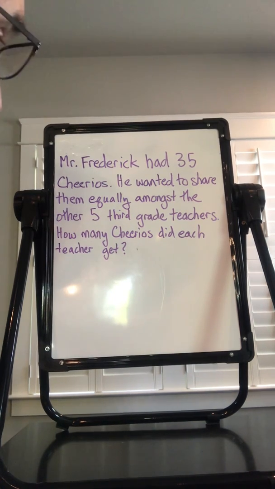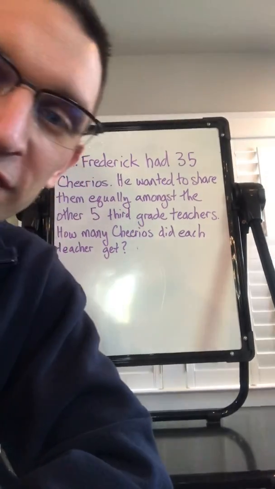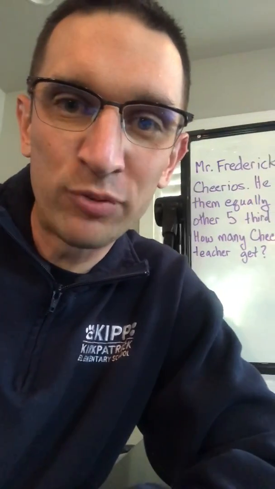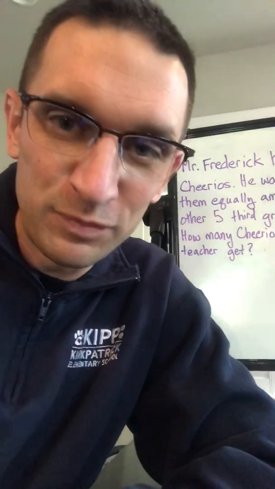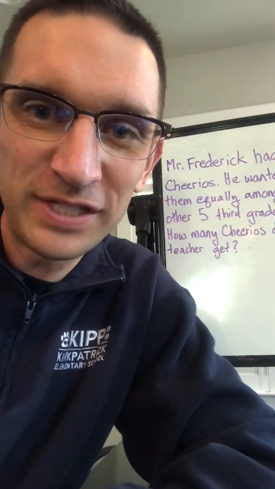So here it goes. Mr. Frederick had 35 Cheerios, and he wanted to share them equally amongst the other 5 third grade teachers. How many Cheerios did each teacher get? All right, go ahead and pause the video, Kipsters, and do some work on that problem, and then put the video back on play, and we'll check the answer together.